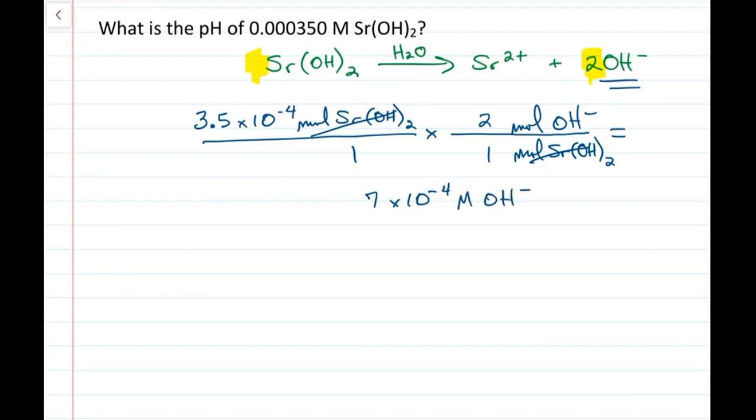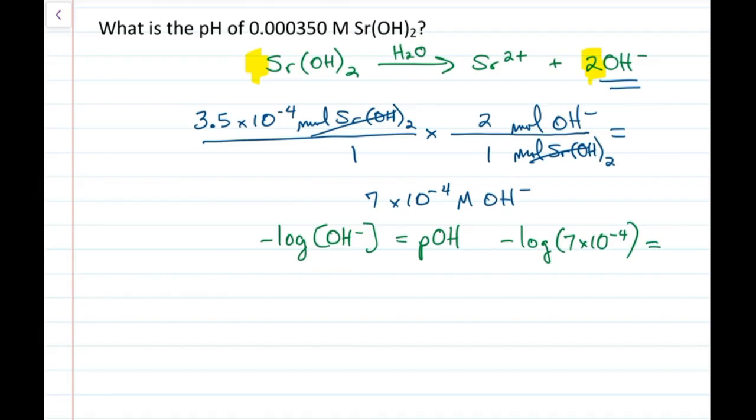Just doubled it. Okay, so what can I get from this? I can't get pH, but I can get pOH. So the negative log of hydroxide is equal to pOH. So if I take the negative log of 7 times 10 to the negative 4, what do we get?